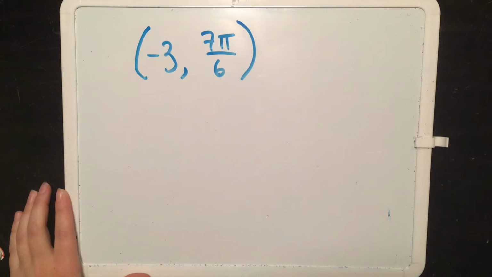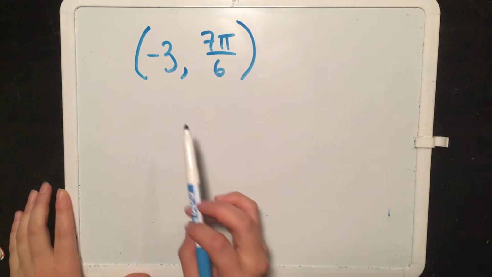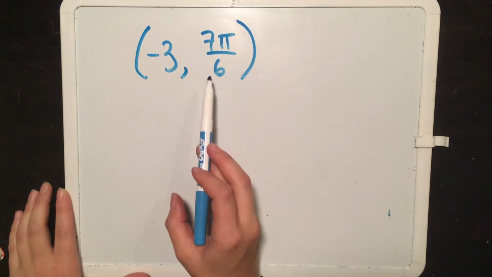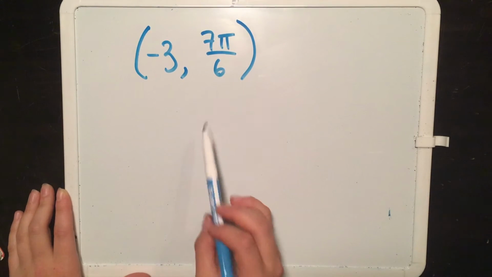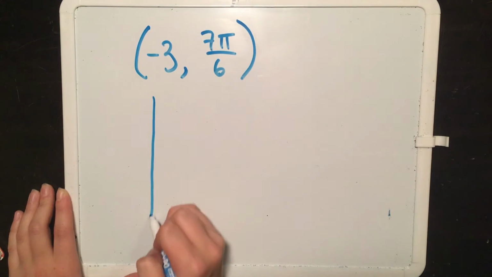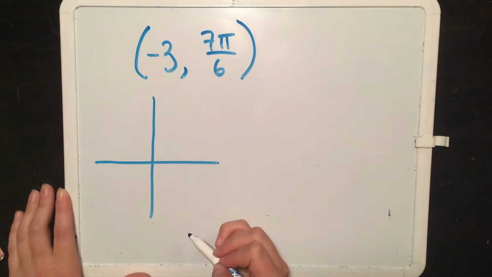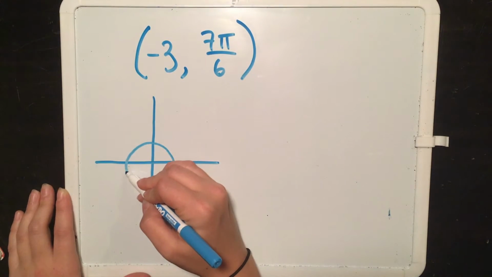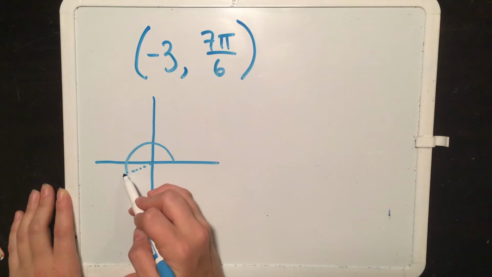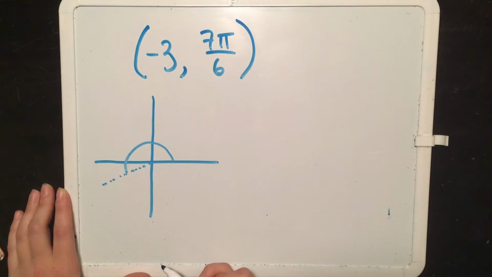This last example, we're going to find a coterminal coordinate to -3, 7 pi over 6 with a positive radius. If we graph this polar coordinate, 7 pi over 6 brings us all the way into the third quadrant, about here.